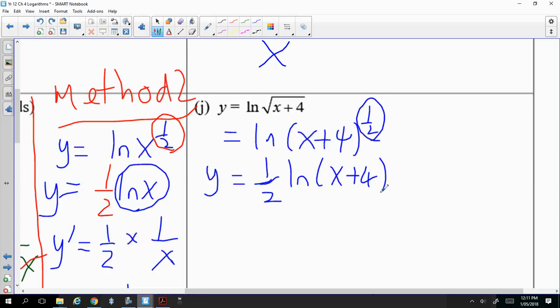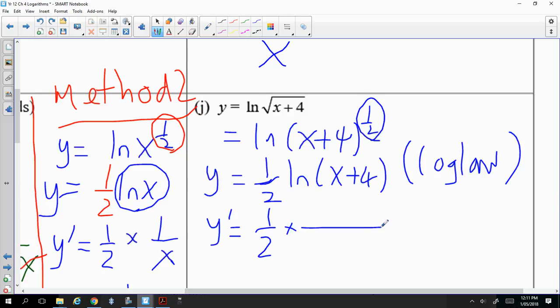And then you differentiate, and you can just ignore the half. And using the differentiation rule, write down the denominator, copy it, differentiate the denominator, which is 1. And the answer is 1 over 2 bracket x plus 4.